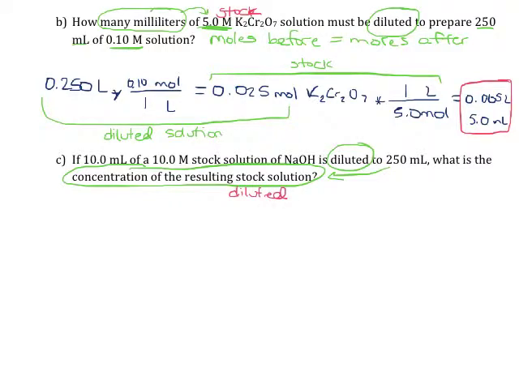But we know that we're starting with 10 milliliters of a 10 molar concentrated solution. We're diluting that so that we've only got 250 milliliters, and again, moles before equals moles after.